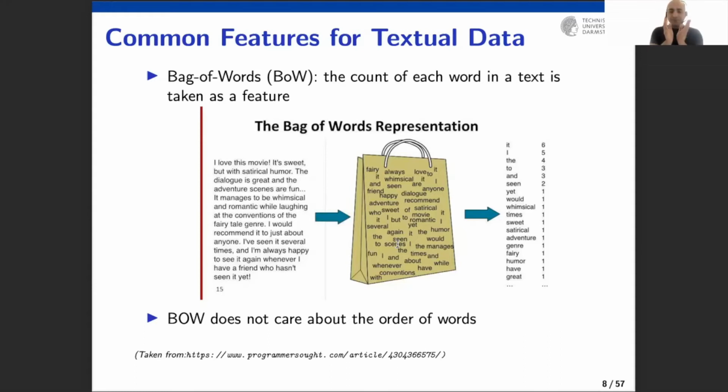That's why it's called bag of words, because you get a text and put it in a bag, and then you take one word out from the bag and start counting. But you don't care whether the word is the first word in the text or the last word in the text.